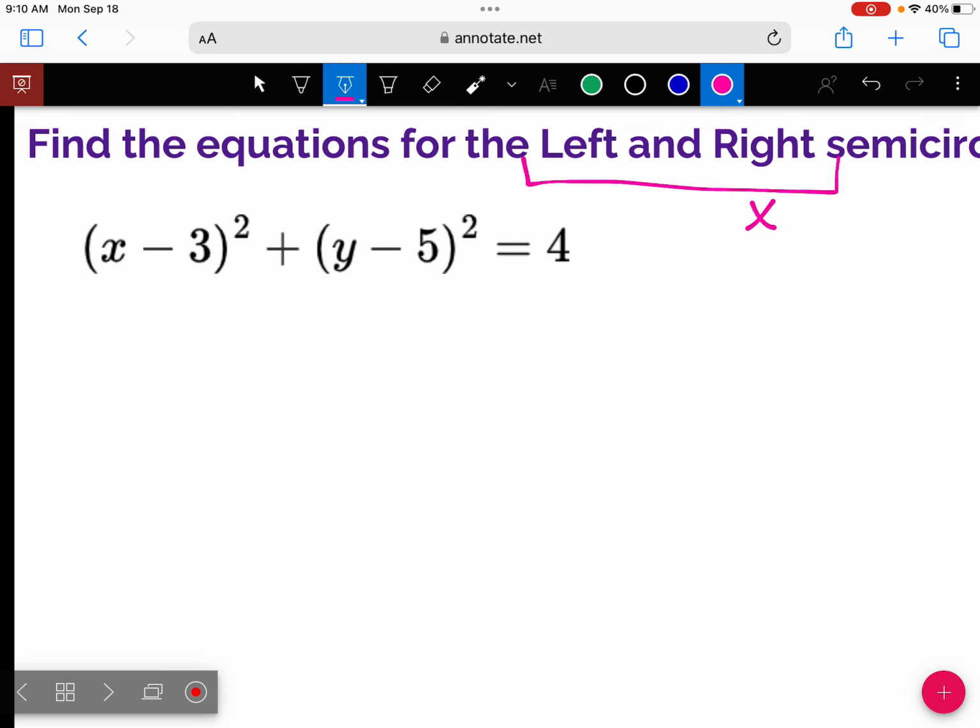We want to get x equals. What do we need to do to get x equals? Subtract what? y minus 5 squared from both sides.